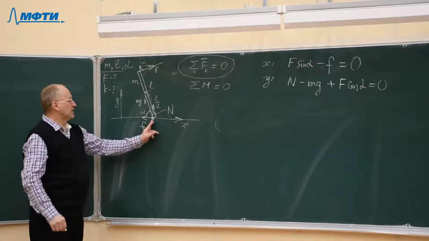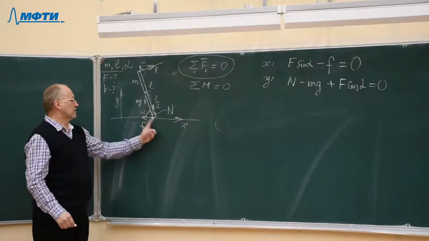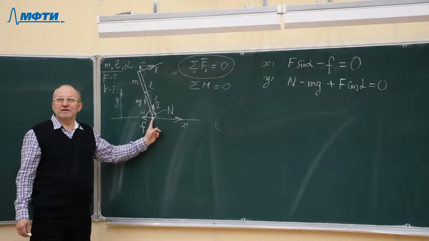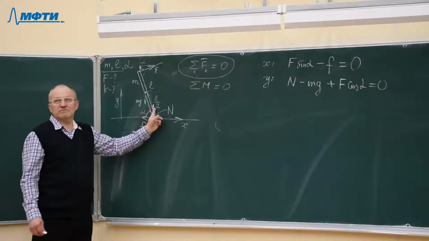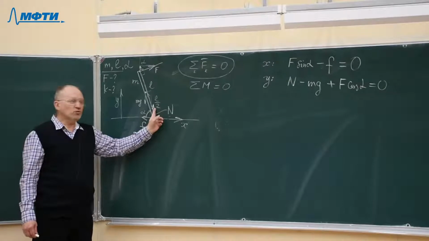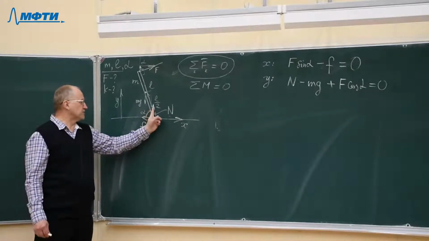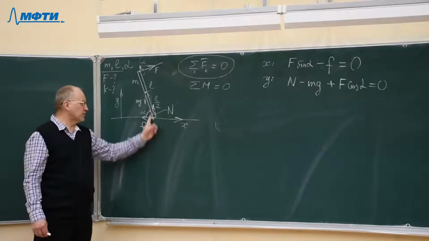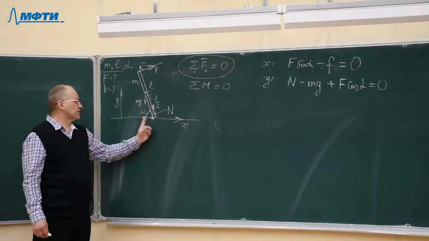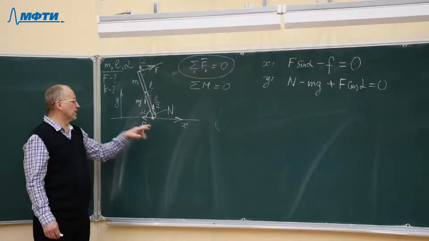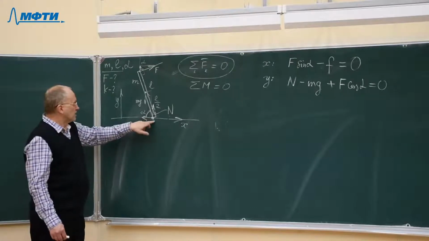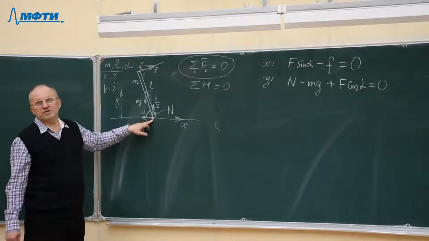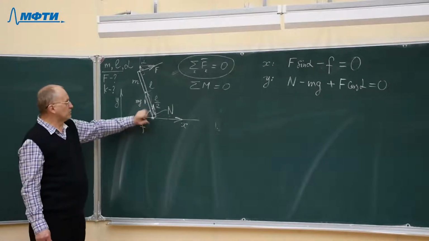Why? Because two forces go through this point, and it means that the torques of these two forces will be zero, because the torque is the magnitude of the force multiplied by its arm, and the arm here will be zero. So these two forces will not be taken into account if we designate this point as the axis of rotation. We will exclude these two forces.